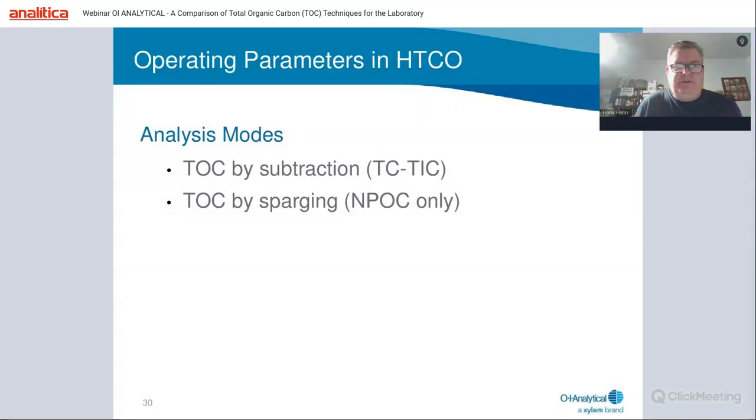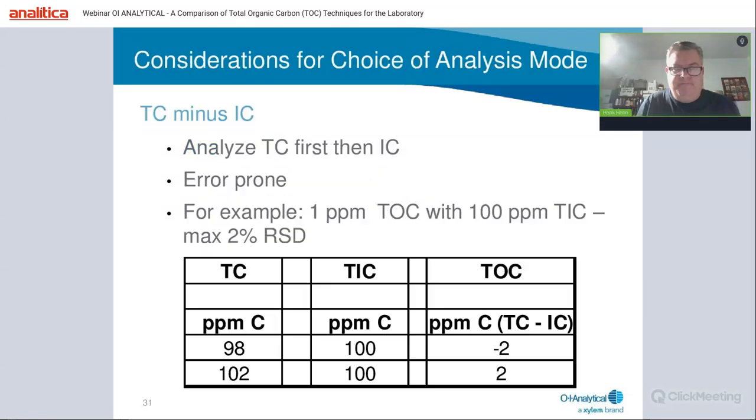Operating procedures in high temperature combustion analysis modes include TOC by subtraction, which is TC, total carbon, minus TIC, total inorganic carbon, and TOC by sparging, or NPOC. TC minus IC means you analyze the TC first, then the IC.